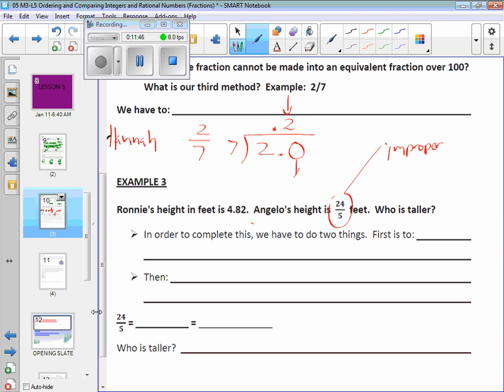First, we have to change an improper into a mixed number. Then what? Then what? Because you're still not done.